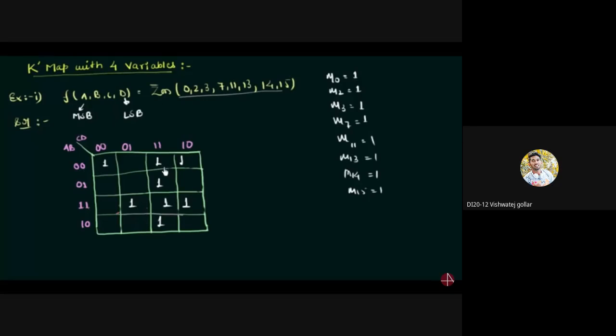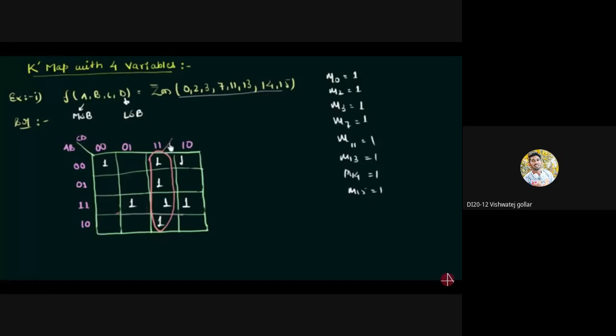As we know, in a 16 cell K-map, the best possible pairing is what? 16 ones. That gives you 1. But in this case, we don't have such conditions. So we will move to 8 ones, but here we are not getting 8 ones to pair. So we'll move to 4 ones.